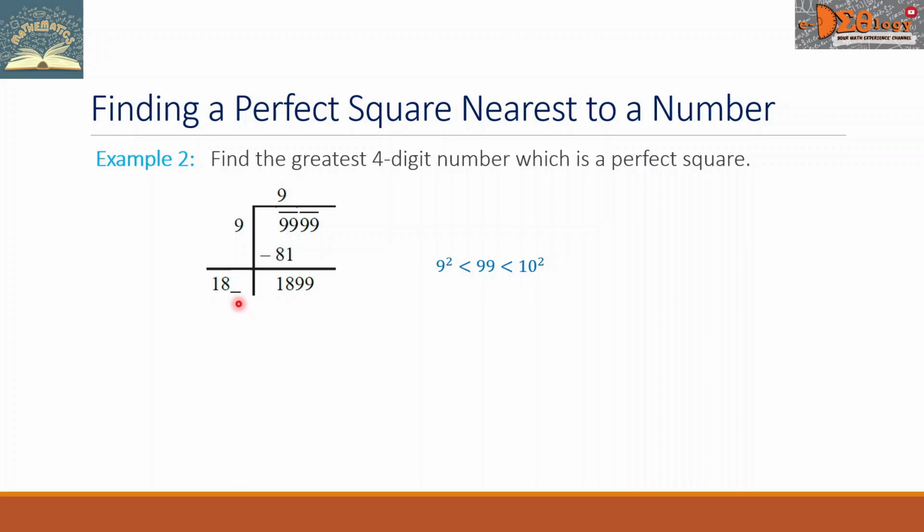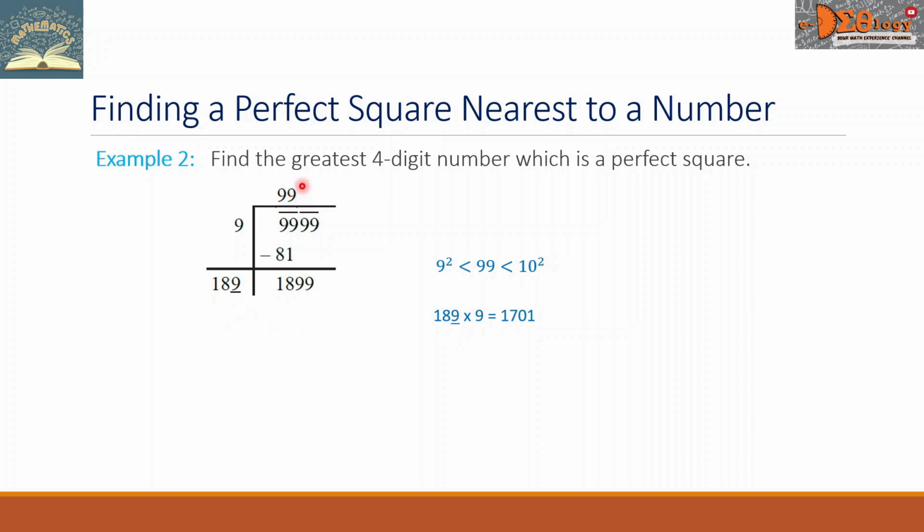Then we put a blank on the digit after 8. We want to know this digit by trial and error. Let's say we put 9. Then we multiply the 189 by 9. And the product is 1,701. Then we fill in the blank here with the digit 9.